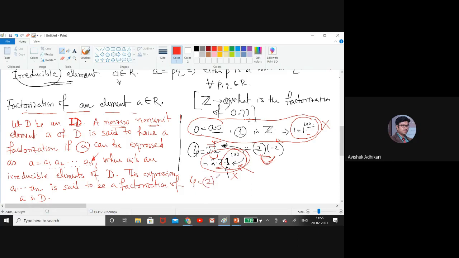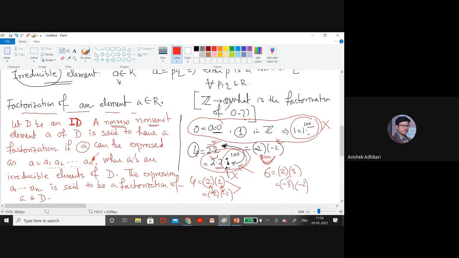Now you can understand what this should be. So this 2 into 2 and also minus 2 into minus 2. Now you may think that they are two different factorizations, but you can understand very well that 2 and minus 2 are associates. For example, if I have 6, I can write it as 2 into 3, but I can also write it as minus 3 into minus 2.